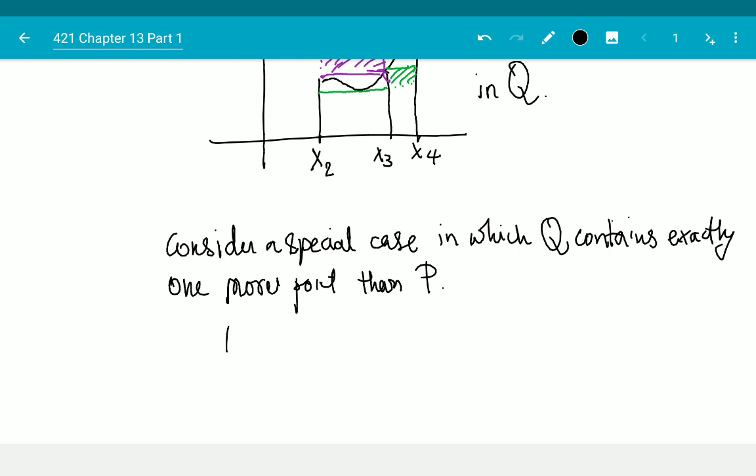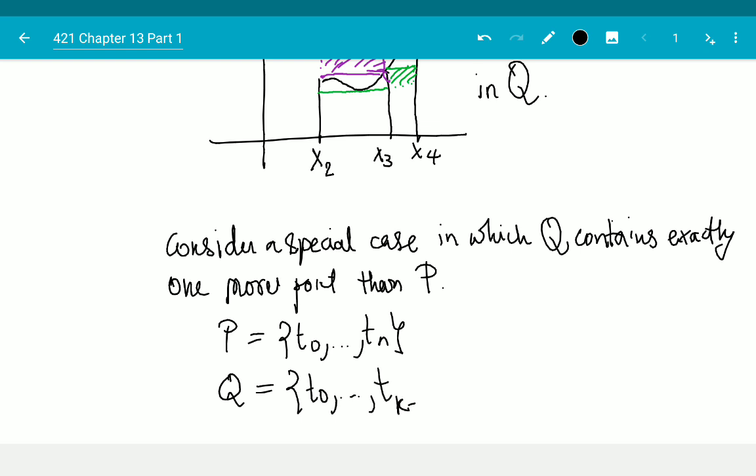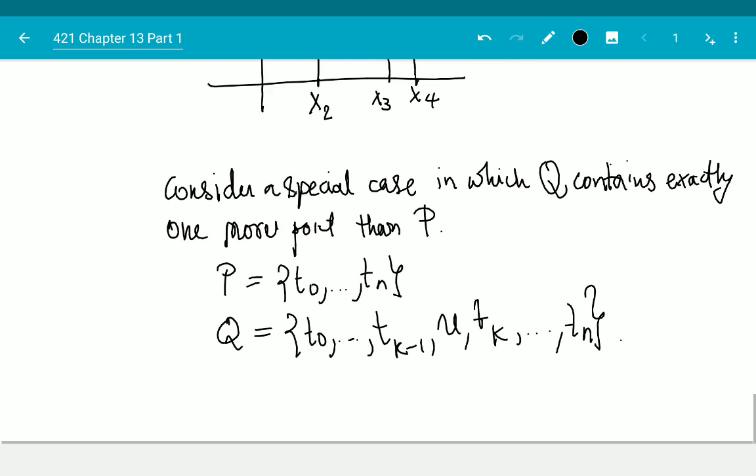So my P, which is, let's say, T0 to Tn, I throw in one point somewhere, which goes T0, Tk minus 1, U, Tk, and Tn. Okay.